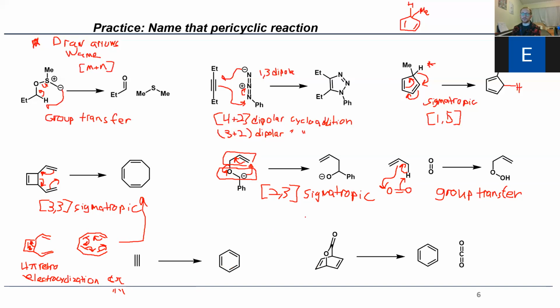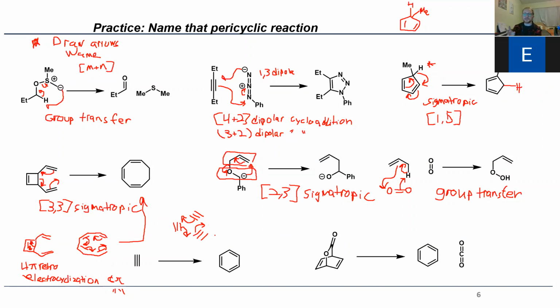Okay, so one answer for electrocyclization, and we'll see that's actually not quite the case. So the electron pushing would look something like this, where you would have 3 molecules of the alkyne, and we can push electrons in this fashion.